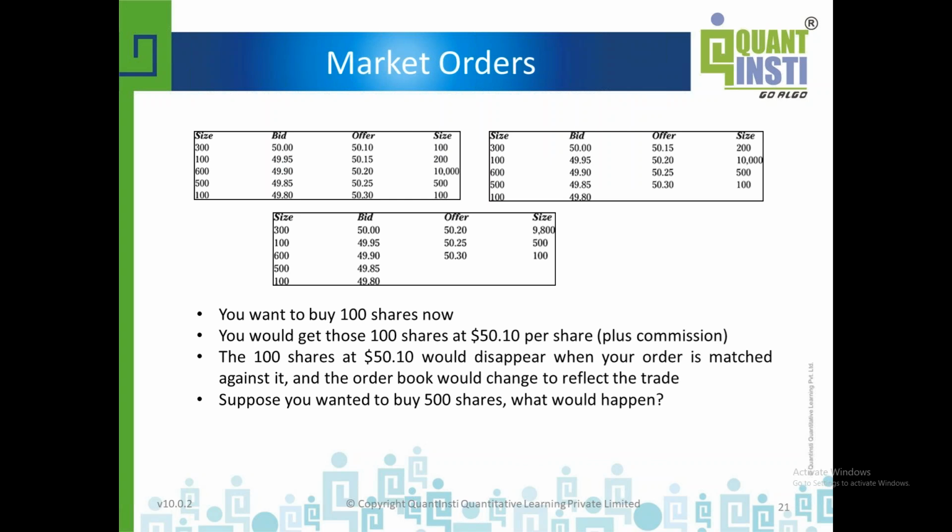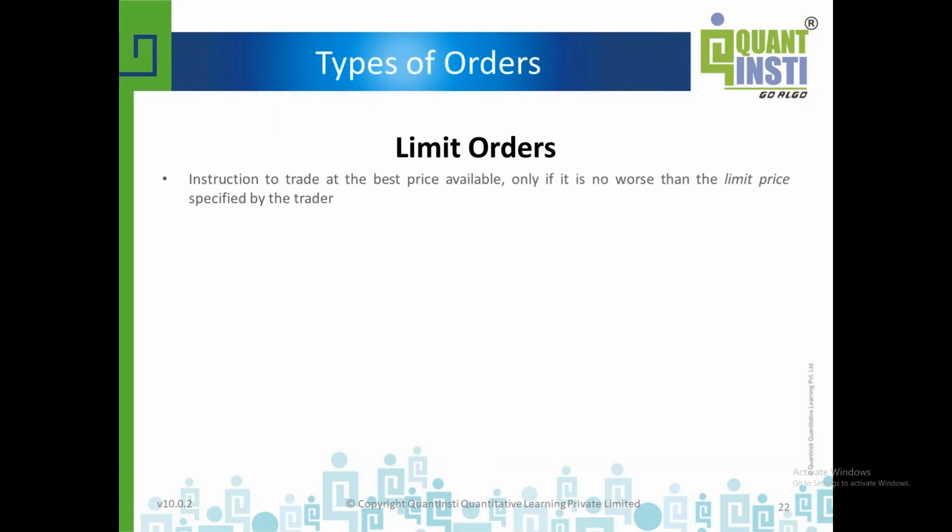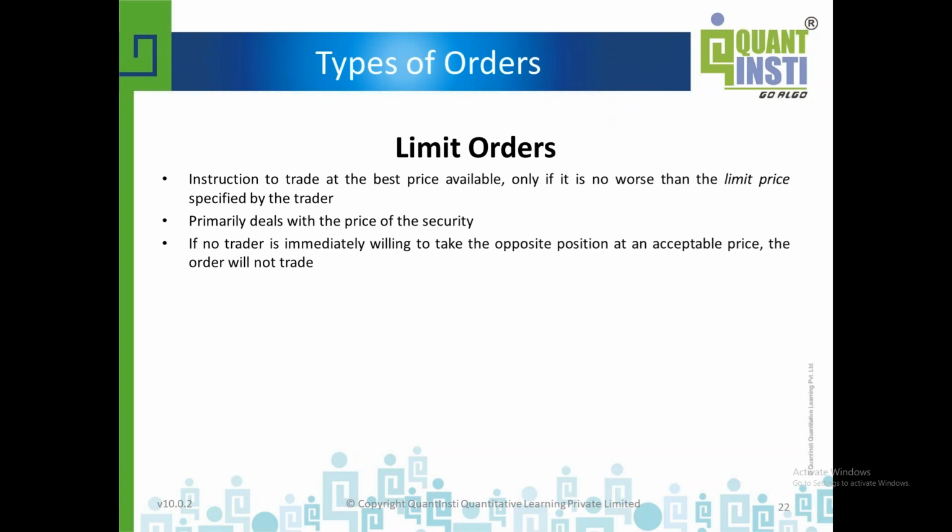If I get a lower price, that's fine, but I don't want to buy at a price greater than 50.05. So that is a limit order: the best price, as long as it is no worse than the limit price. I will not buy at a price more than my limit price, right?